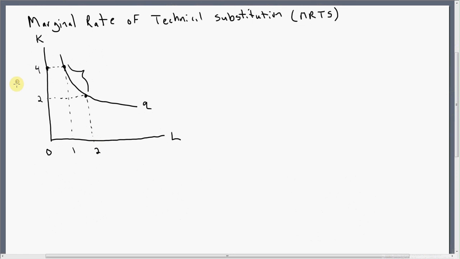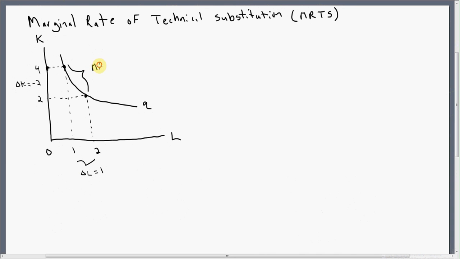So in this example, the change in capital here is -2. As we move down and along this isoquant, capital is falling by 2 units, going from 4 to 2, while we gain 1 unit of labor, so the change in L is 1.